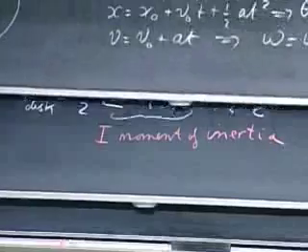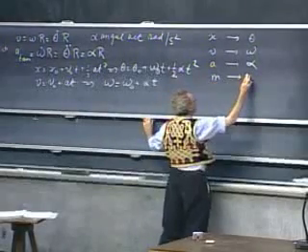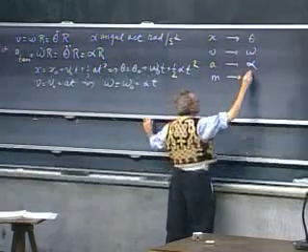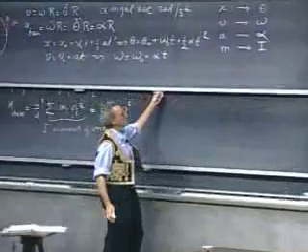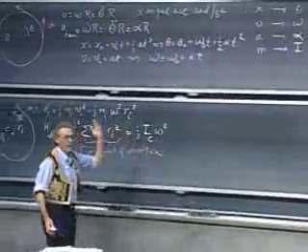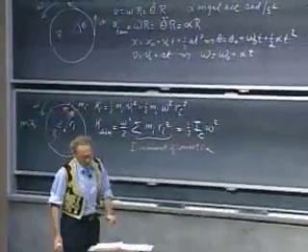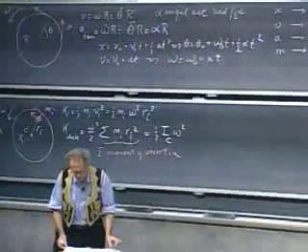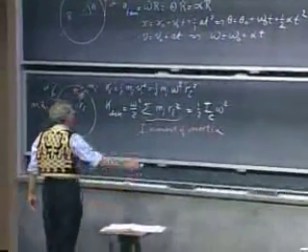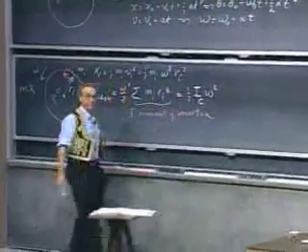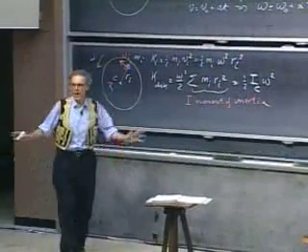So I add to this list: if you go from linear motions to rotational motions, you should change the mass in your linear motion to the moment of inertia in your rotational motion, and then you get back to your 1/2 mv squared. So we now have a way of calculating the kinetic energy of rotation, provided that we know how to calculate the moment of inertia. Well, the moment of inertia is a boring job. It's no physics. It's pure math.